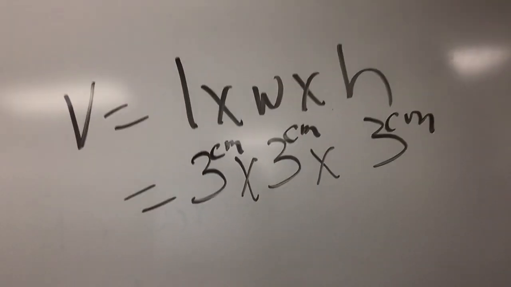All right? So if you utilize Desmos or whatever calculator, if you can't actually work the math out, I'm going to pull out my trusty calculator just so we could do this quickly. All right? So I'm going to put in 3 times 3 times 3. All right? And that's going to give me 27.